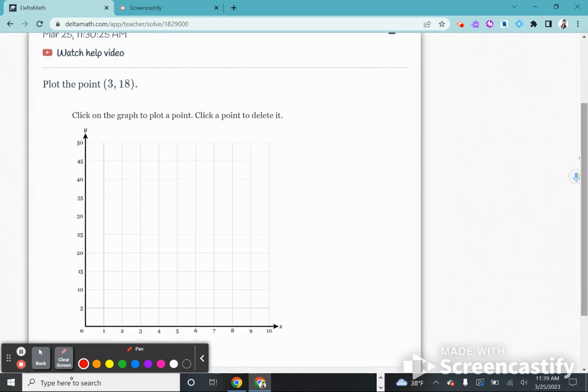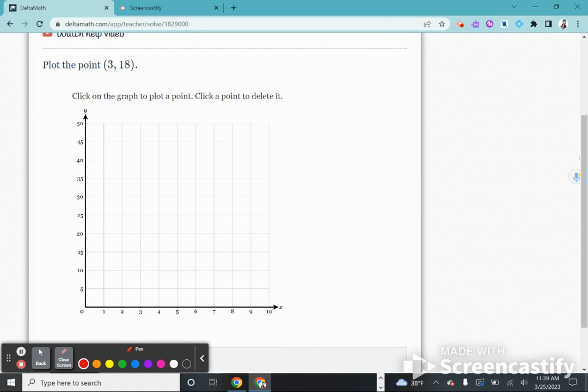So last time we talked, we mentioned the x and the y values, right? X would go first, y would go second. X tells you the distance your point moves across.